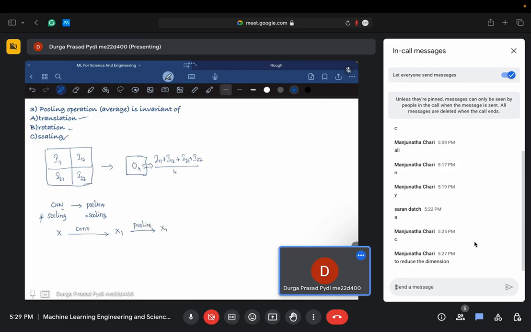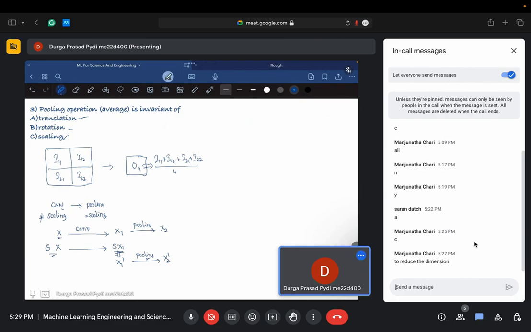you get x2. So if this particular image is now scaled by a constant factor, let's say s is some scaling factor, you scale this image. Now if you do convolution, you are going to get something different. It's not going to be s times x1. This will happen only when s is a constant. So it would be something else now, x1 prime. Now on x1 prime you are applying pooling, so you get x2 prime. So this pooling operation, you are trying to make it scale invariant. Why is that so? Why do I have to do something like that?